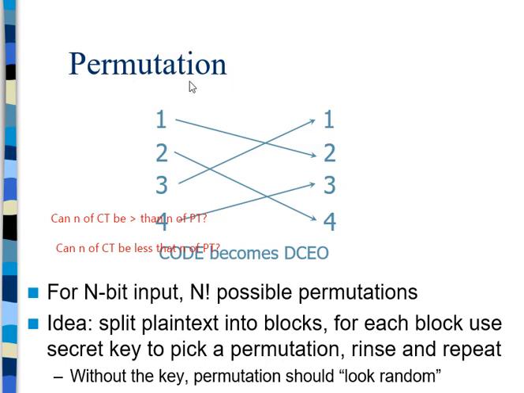We also have one concept called permutation. In permutation, in fact, you map each input to another unknown code. For instance, consider some digits here are mapped to another. For instance, 4 is mapped to 3. It's known as permutation.